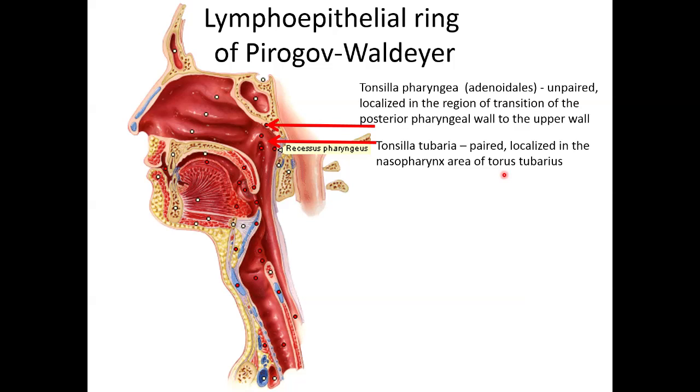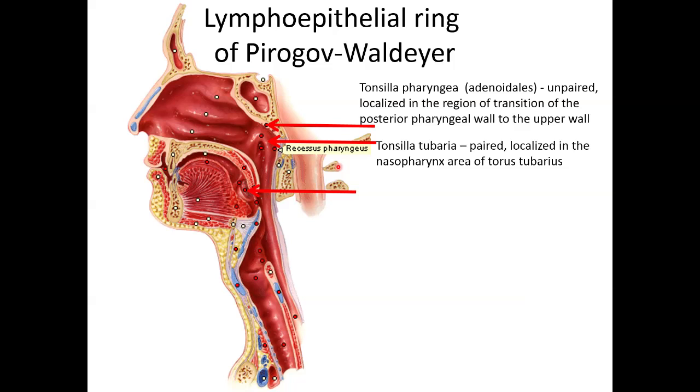So semicanalis tubae auditivae is a special canal which finishes here in the nasopharynx, and around it we can find torus tubarius. Torus tubarius is a cartilaginous structure which surrounds this opening. And we can say that on the torus tubarius is located tonsilla tubaria, which is paired, right and left.